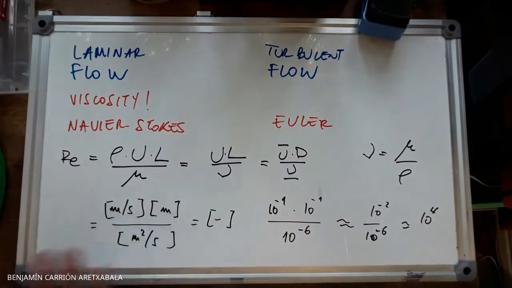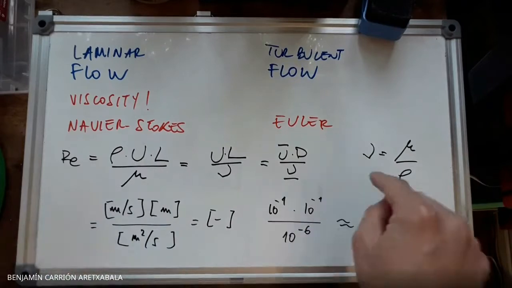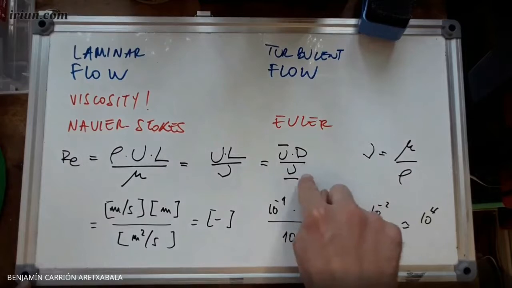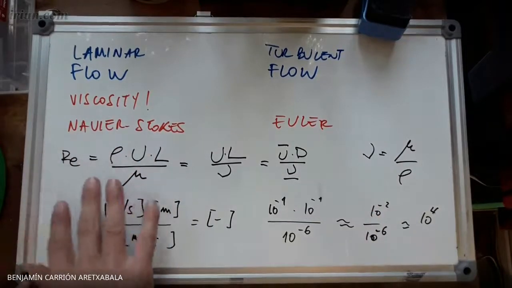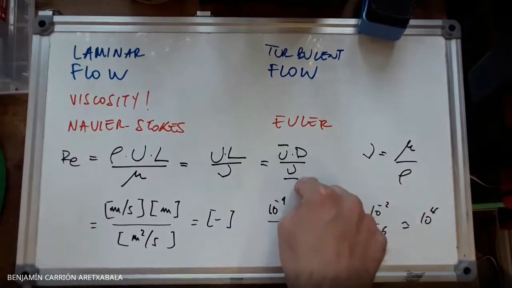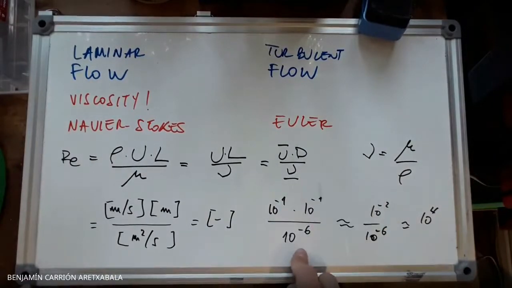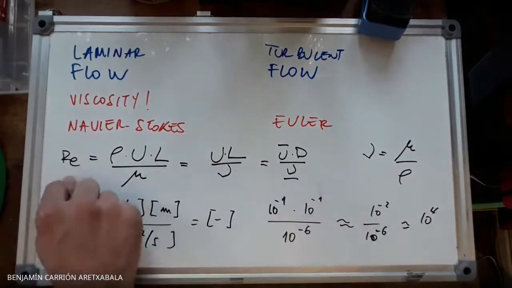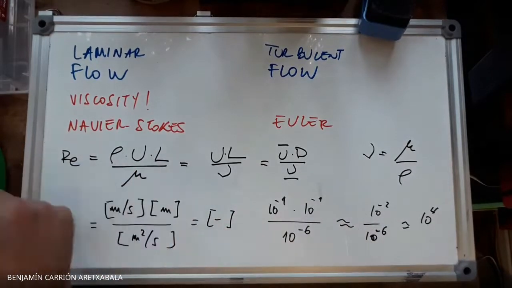So that's a typical value of the Reynolds number. Now, here's the thing. We know nu for water, but you can use this number for any flow, for any fluid. The viscosity of honey is way higher than this. So if the viscosity is high, the Reynolds number is going to be small.